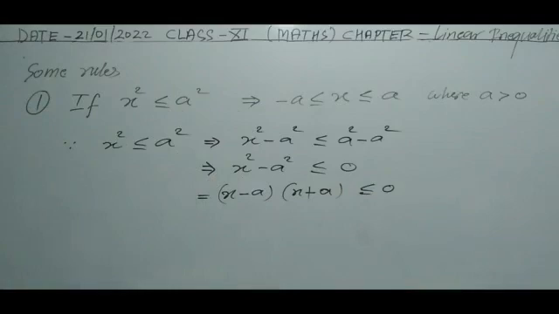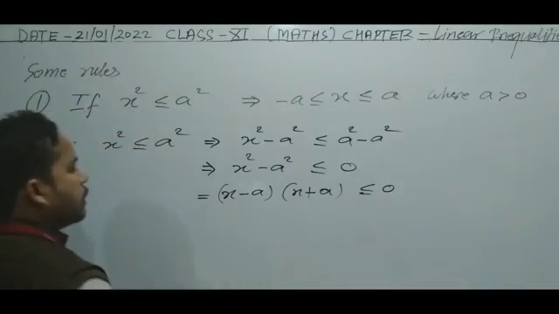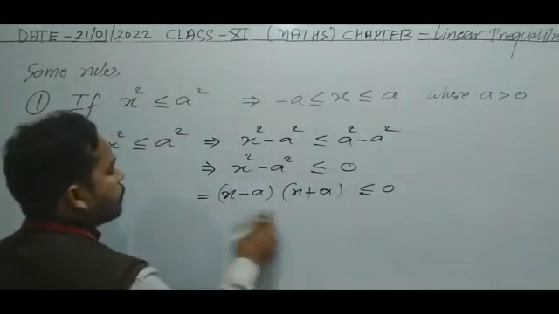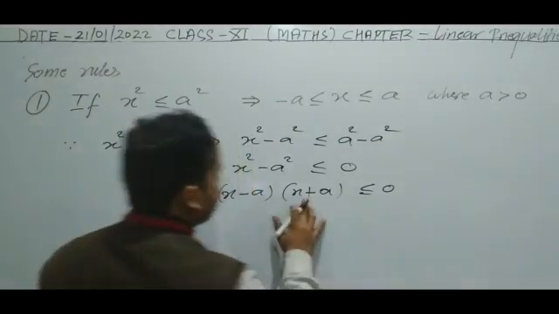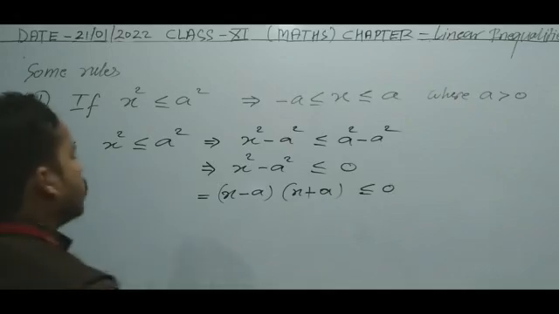So when you draw the number line, what will you see? Suppose this is less than 0, then this will be greater than 0, and this will be greater than 0, so this will be lesser than 0.